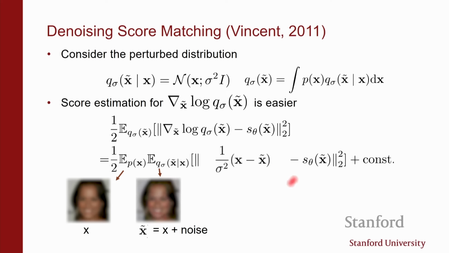And so to make this loss as small as possible, S theta has to match the vector of noise that we added to this image. That's why it's a denoiser, because it gets to see x tilde and it needs to figure out what to subtract from this x tilde to get back a clean image.